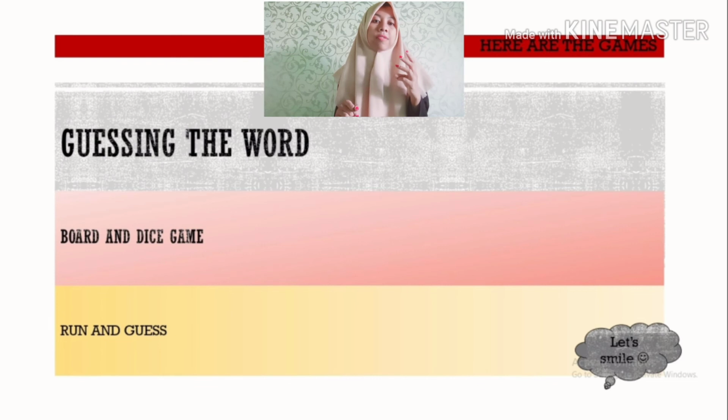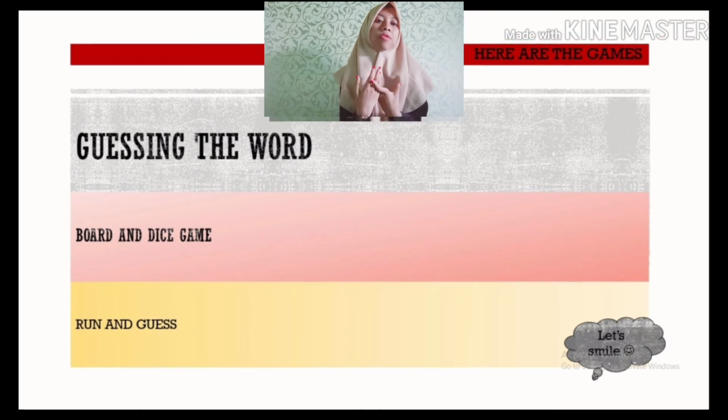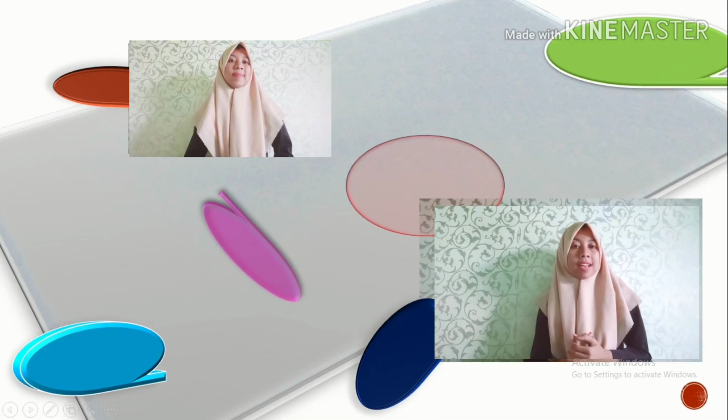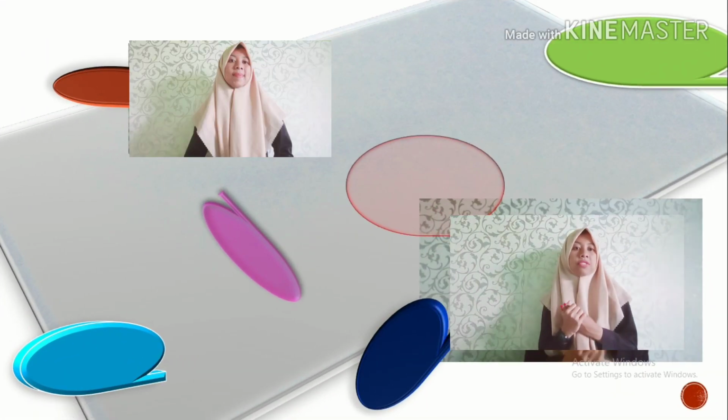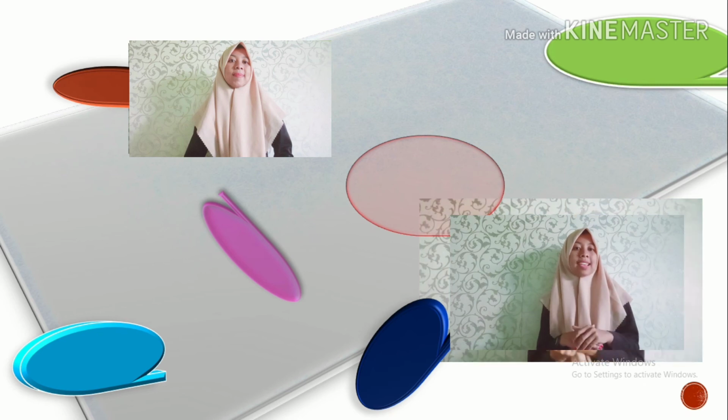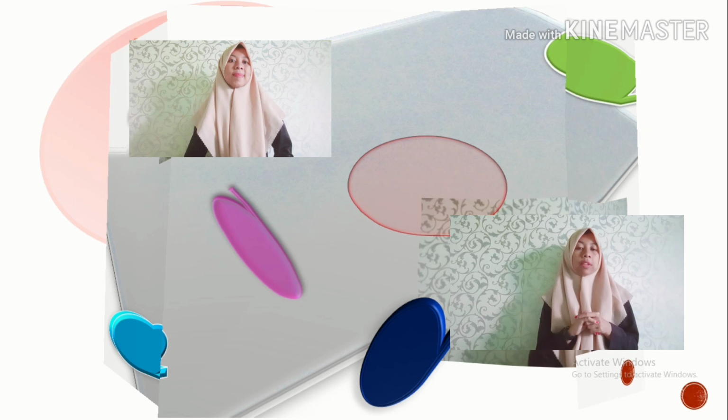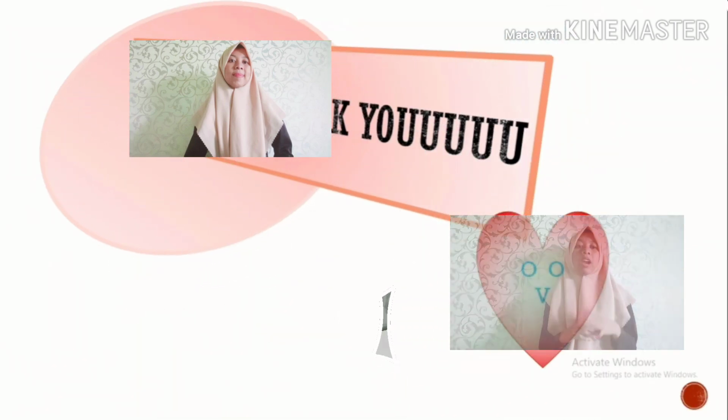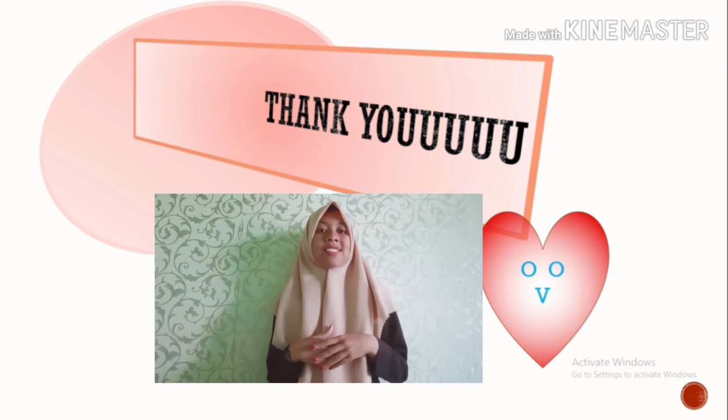These 3 activities can be modified to adjust them with the topics of discussion. Game-based activities were perceived to provide more opportunities for students to practice their English communicatively and to be exposed to an English-speaking environment. Well, that's all from me.